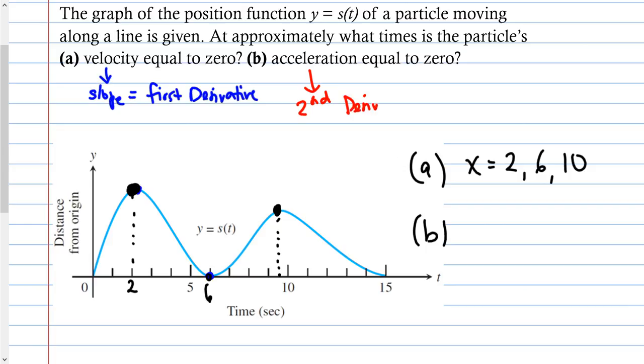I got lazy and I wrote second. So when is the second derivative equal to 0? If you think about it, with the second derivative test, we find the zeros, and then it tells us where the original function's graph is concave up and concave down.